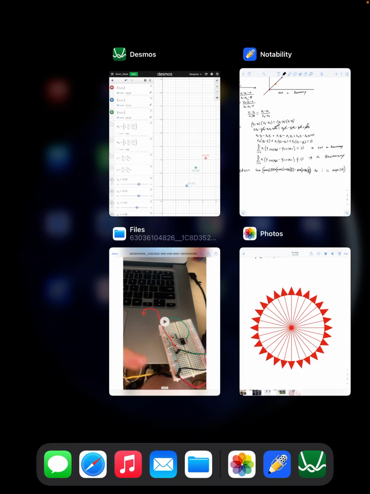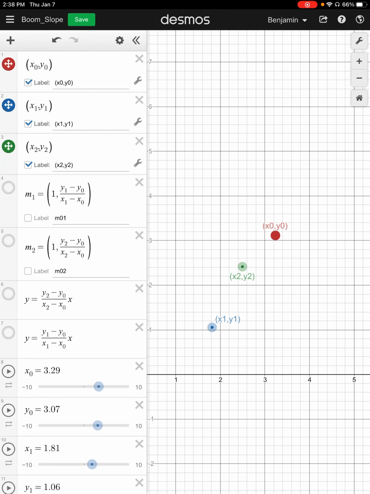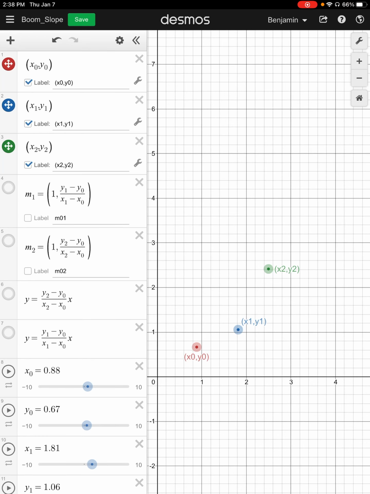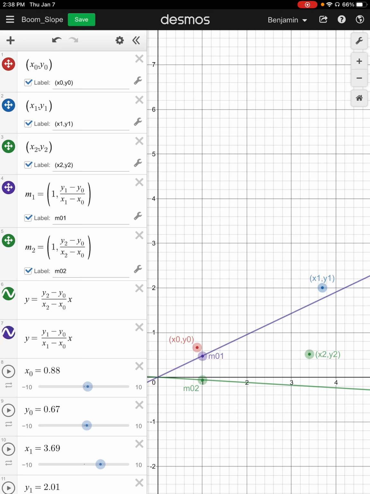And if you are still confused, we have a little example here. For example, if we were looking at these 3 points, let's move x0 over here, x2, x1, we're saying that the slope is really what defines whether these 3 points form a straight line.